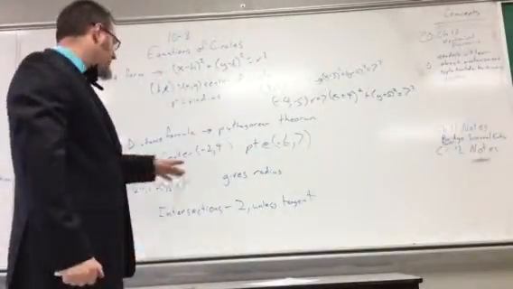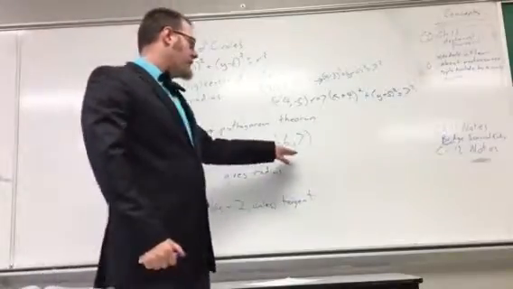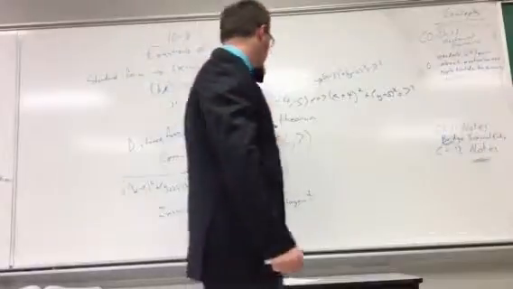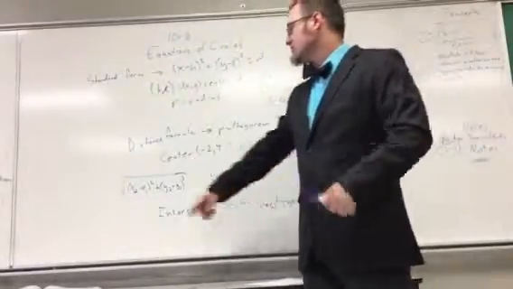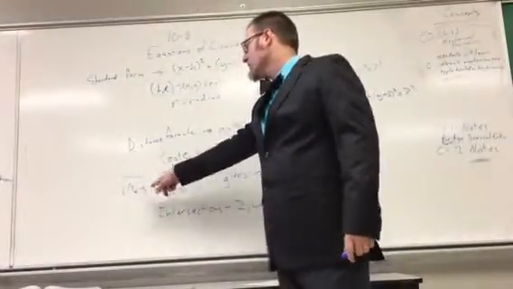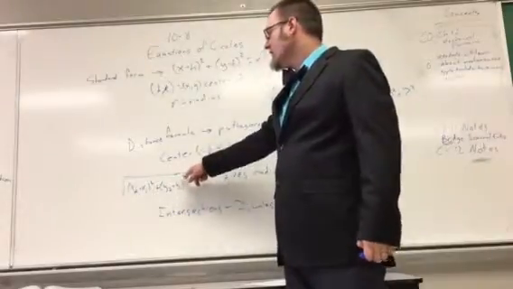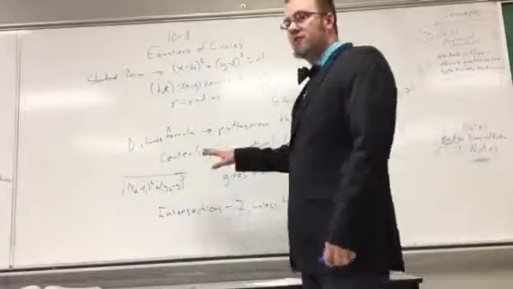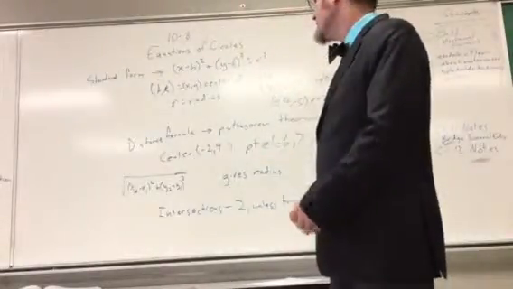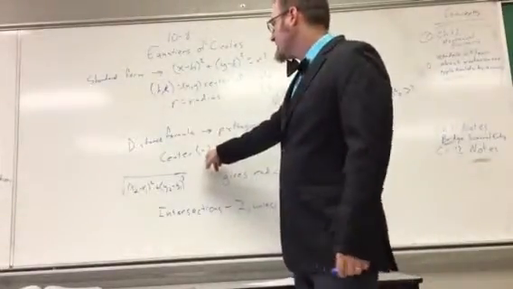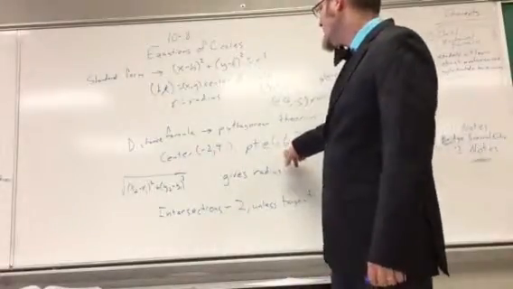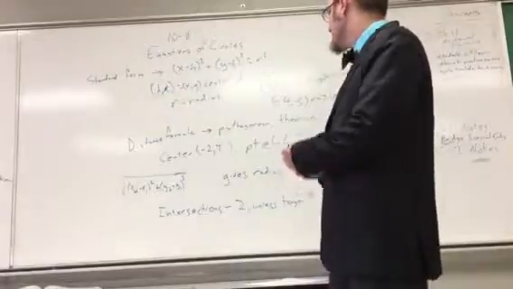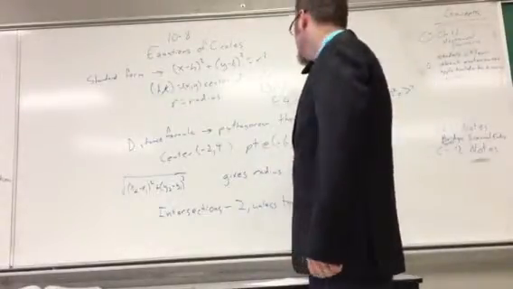Sometimes they will give you the center and they'll give you another point. They'll tell you to use the distance formula. You can use the distance formula or the Pythagorean theorem. Distance formula is the square root of (x2 minus x1) squared plus (y2 minus y1) squared. I just like to count, so I use the Pythagorean theorem a lot. From this center at -2 to my point at -6, that's -2, -3, -4, -5, -6, that's 4.